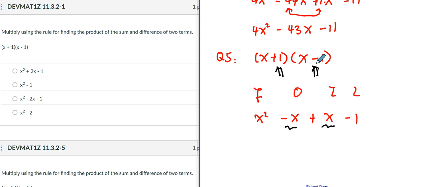So in future, when we see positive, negative, and the first term and the last term are the same, you do not have to do the middle two terms. They will be cancelled. So the final answer is x squared minus 1. Which one? Second one. Okay? All right. I'll see you next time.